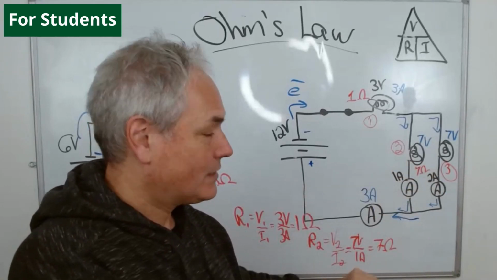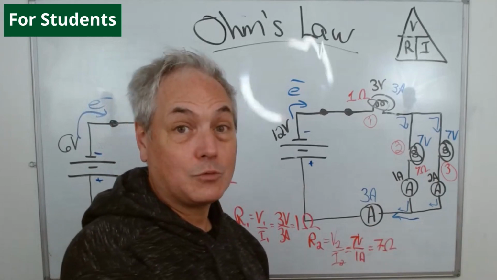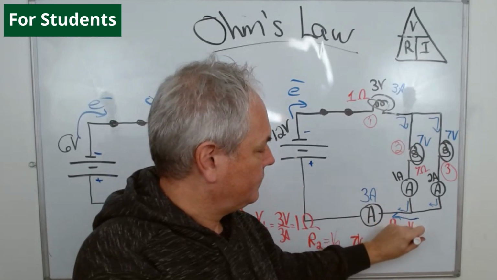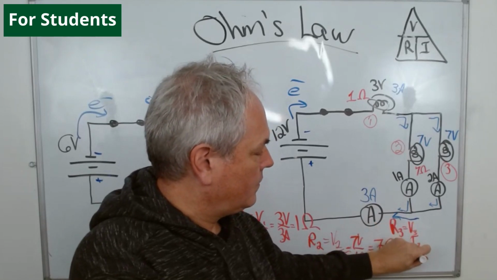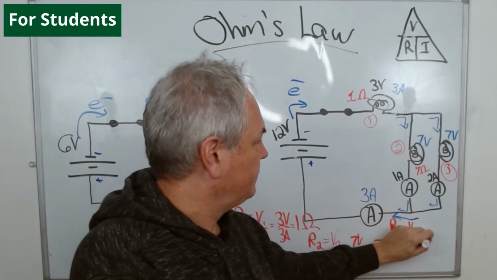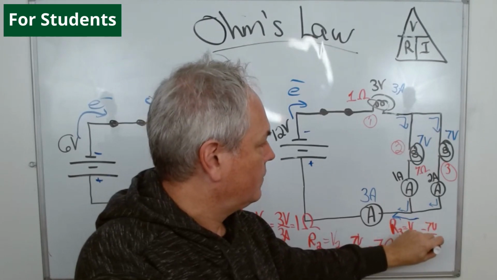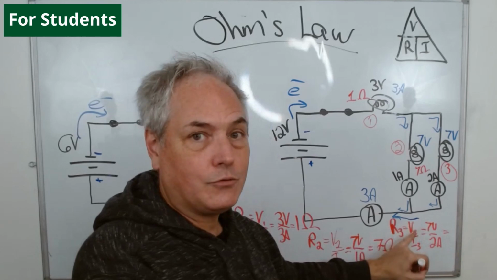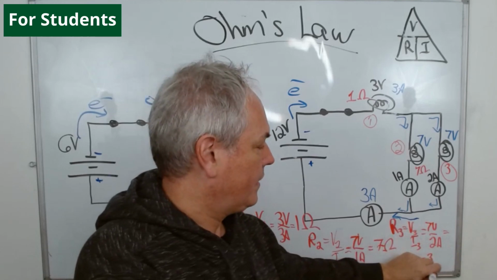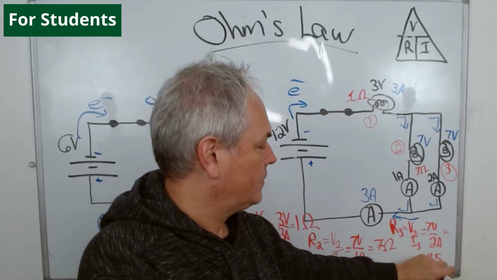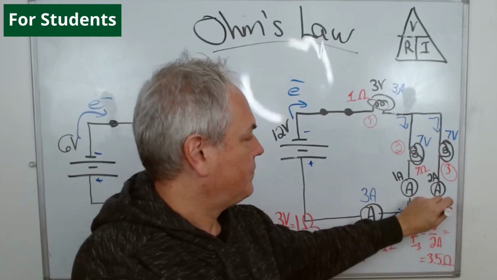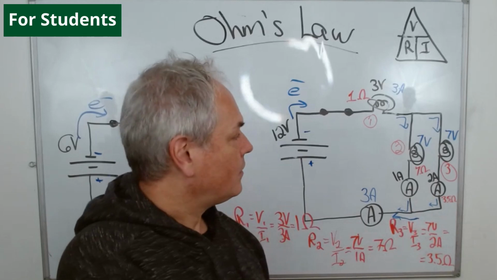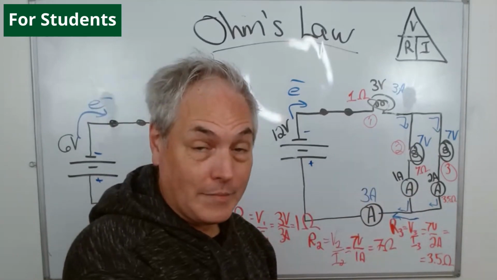Let's see if I can do the same thing for the third one. It's a bit tight, but we should be able to do that one. R3, V3 over I3. We have 7 volts divided by 2 amps, and we have 3.5 ohms like this. Excellent. So here we are able to get all the information we need.